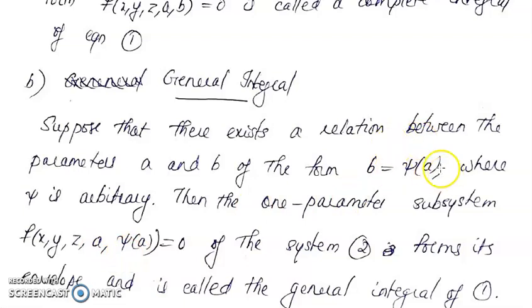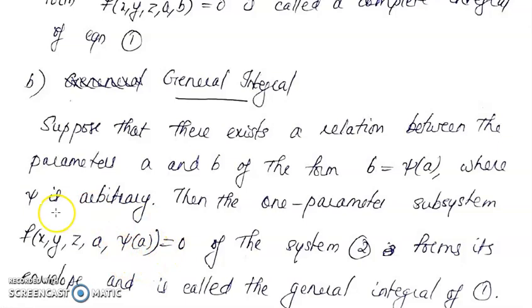You can replace b by psi of a, so you are going to get f of x, y, z, a, psi of a equal to 0. This is a 1-parameter system of solutions, and it is going to satisfy your PDE. Now find the envelope of f of x, y, z, a, psi of a equal to 0.